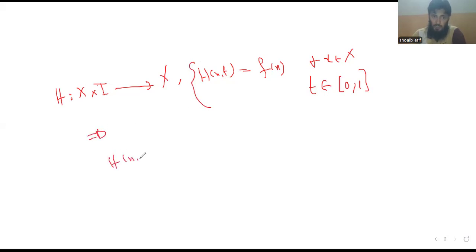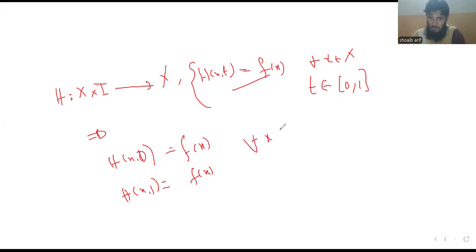At H of x comma 0 we get f of x according to this equation, and at H of x comma 1 we also get f of x. So according to this homotopy we get f is homotopic to f. This condition of reflexivity is satisfied.